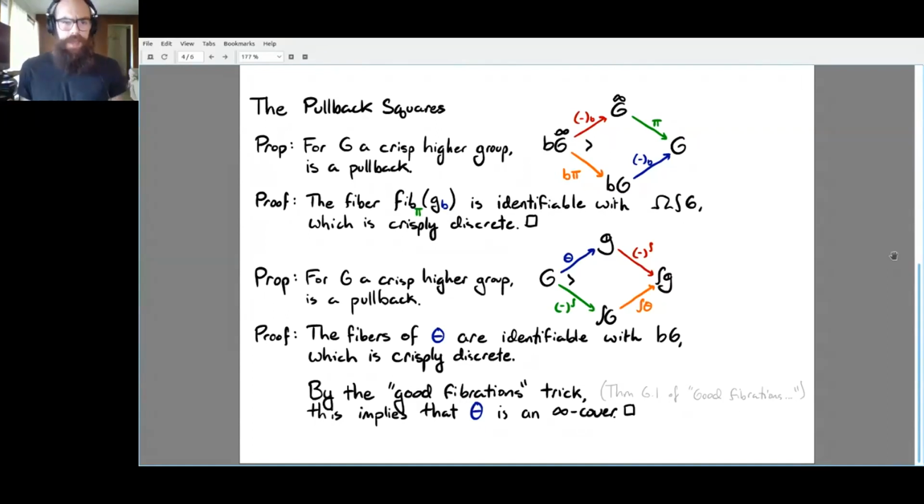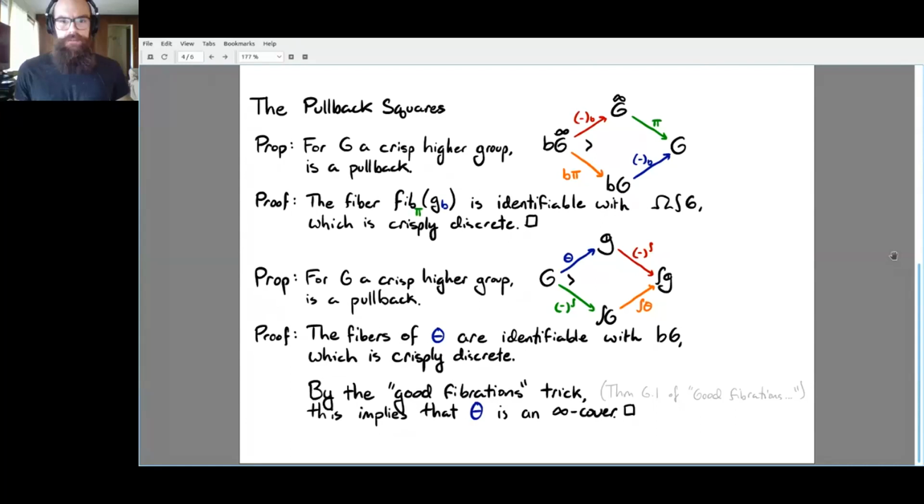On the other hand, we can show that the infinitesimal remainder is itself an infinity cover, which means that this naturality square here is a pullback. We can do that again by showing that its fibers are merely crisply discrete. The fibers in this case are all identifiable with flat G. This is effectively a transitivity.